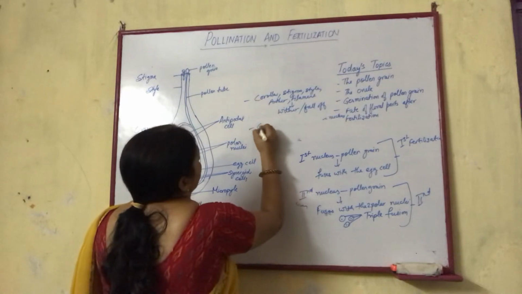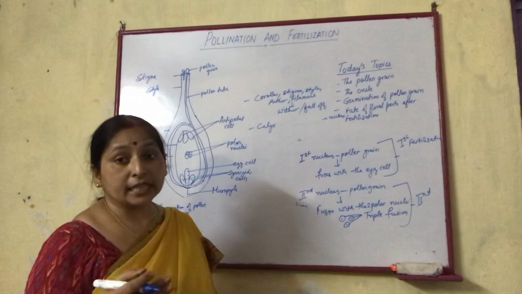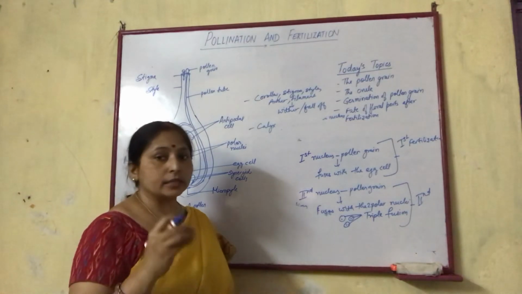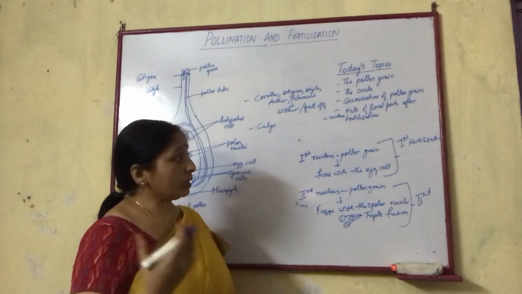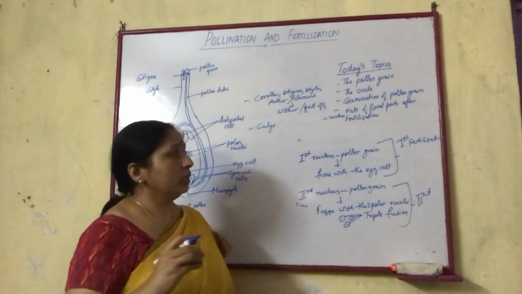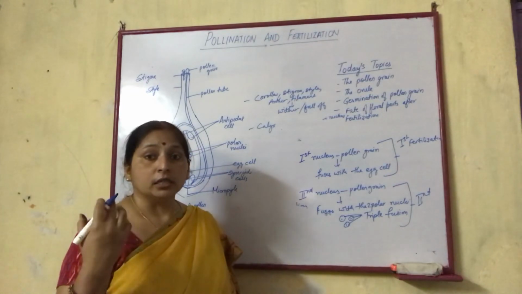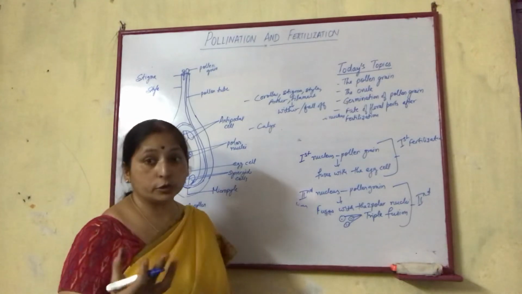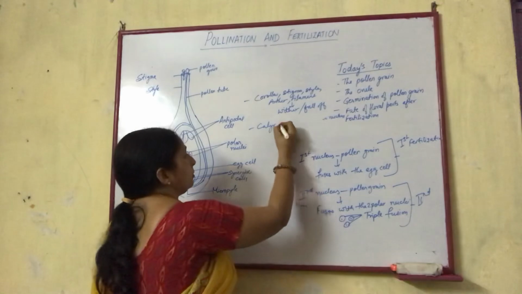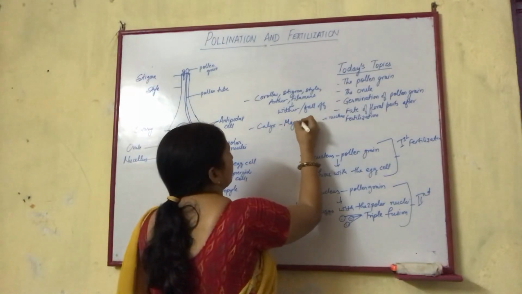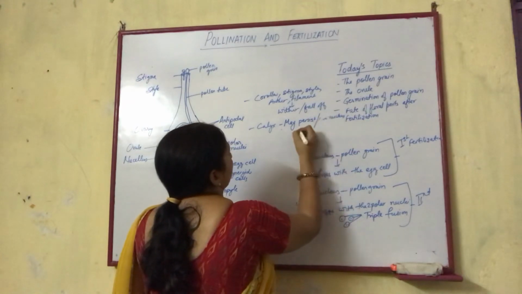Next is the calyx. In some cases the calyx may persist in dried form, as seen in guava and apple as a dried structure. In brinjal, the calyx is persistent even in the mature fruit. So the calyx may persist or fall off.